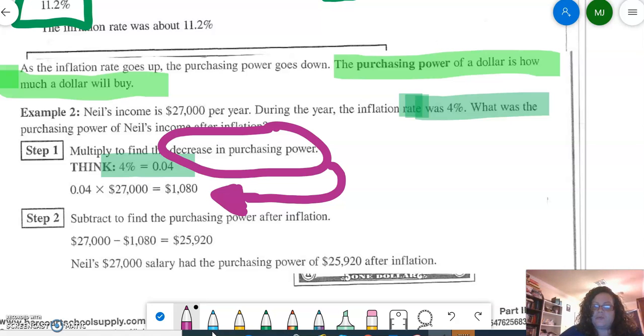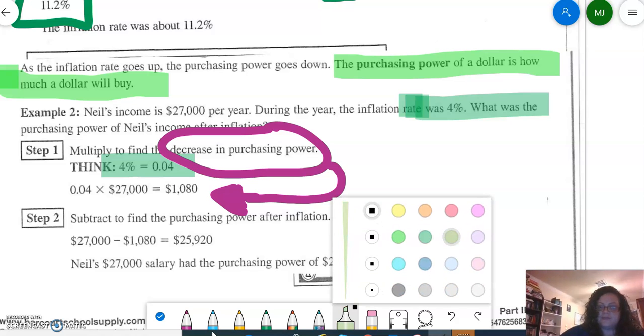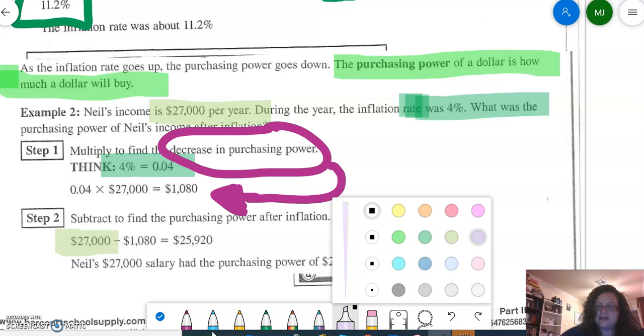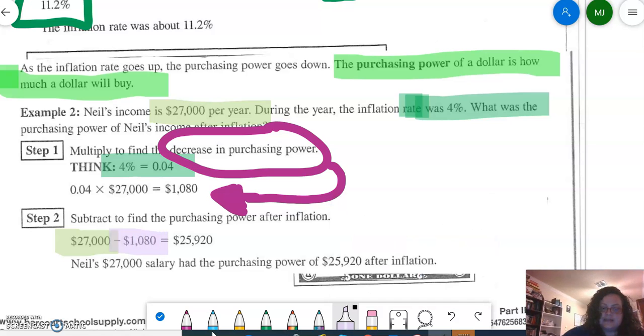So we're going to take the original income, which was 27,000, and then subtract the decrease in purchasing power, that $1,080, which came from up there. So when we subtract that, we get $25,920, and that's what his purchasing power is.